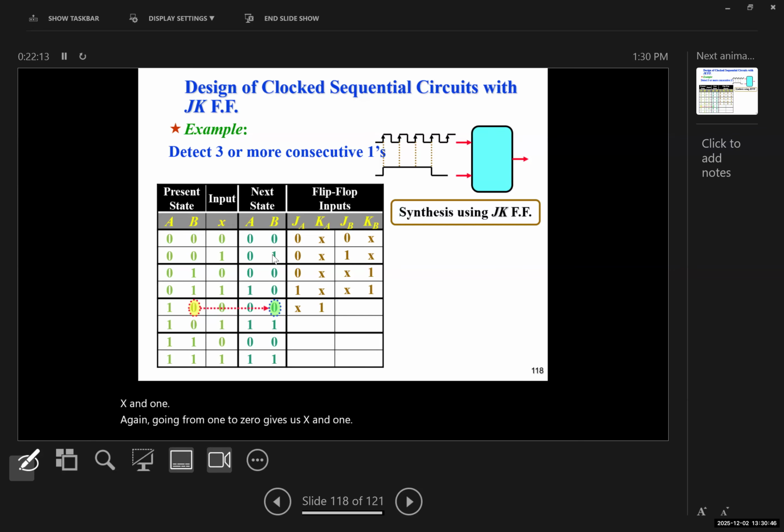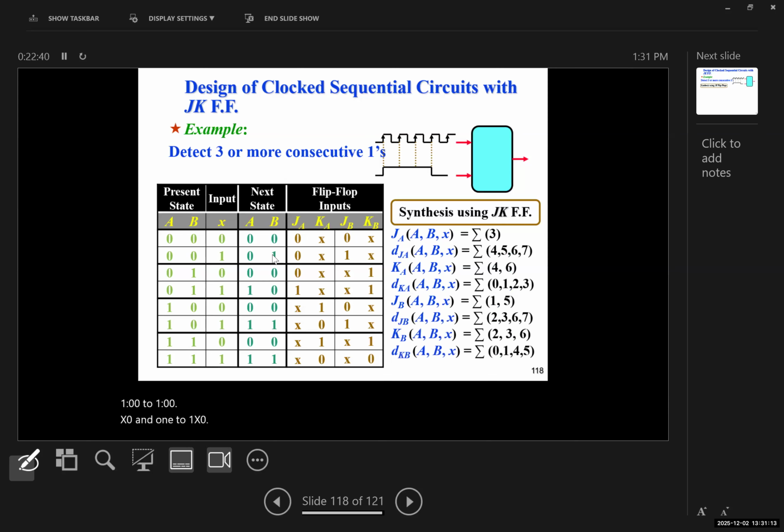Going from 0 to 0 gives us 0 and X. Going from 1 to 1 gives us X0. Going from 0 to 1 gives us 1X. 1 to 0, again, we know that it's X1, and 1 to 0, X1. 1 to 1, X0, and 1 to 1, X0.